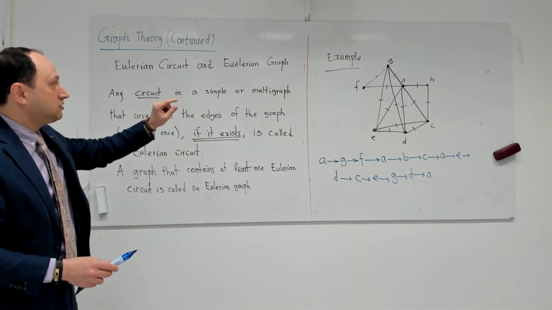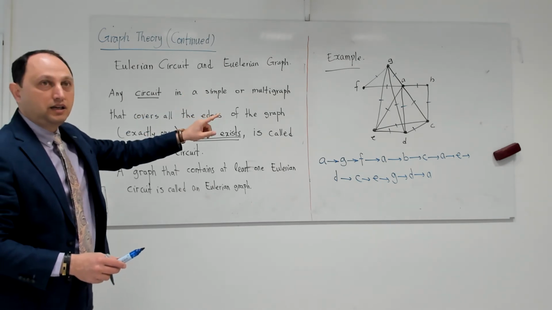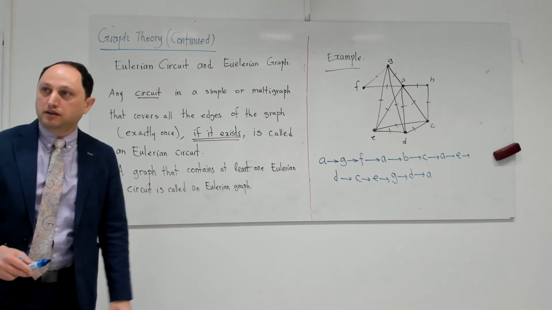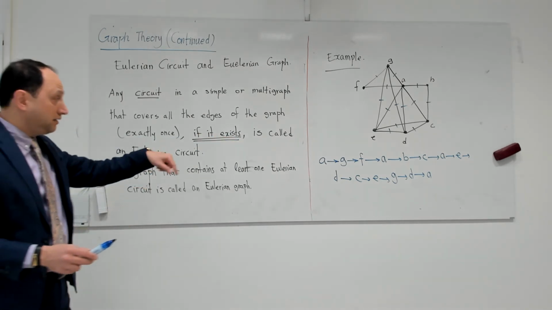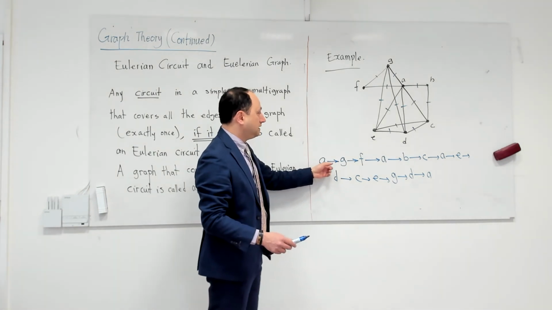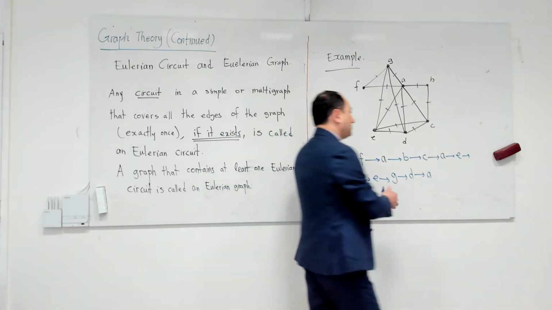But he said that you find the degrees of all the vertices. If all of them are even, you are guaranteed to have such a circuit. You don't need to check it. If you want to see the circuit, you have, of course, to understand how to draw it.